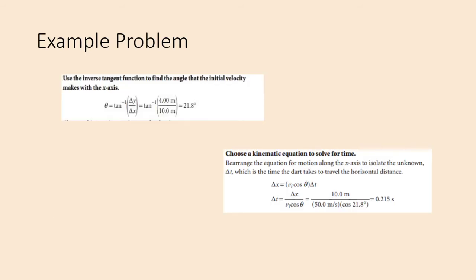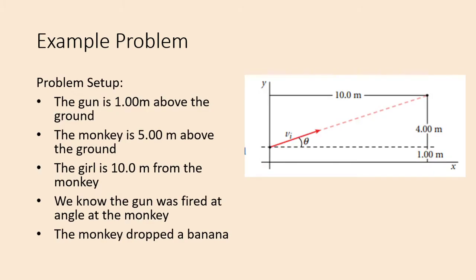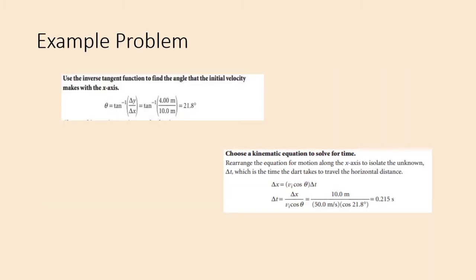First thing we need to do is figure out the initial velocity. We know our x and y components of our triangle. Our x component is 10 meters, our y component is 4 meters, which means we can calculate theta using tangent. Theta equals the arctangent, or inverse tangent, of 4 divided by 10.